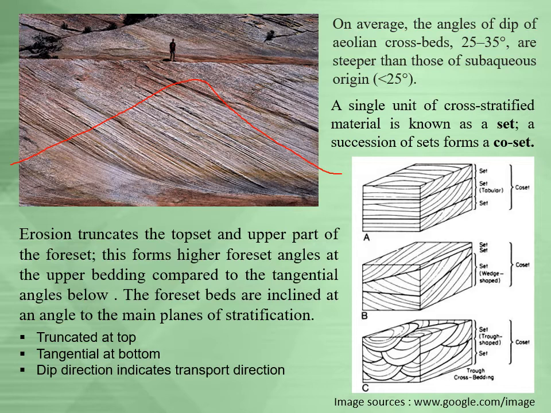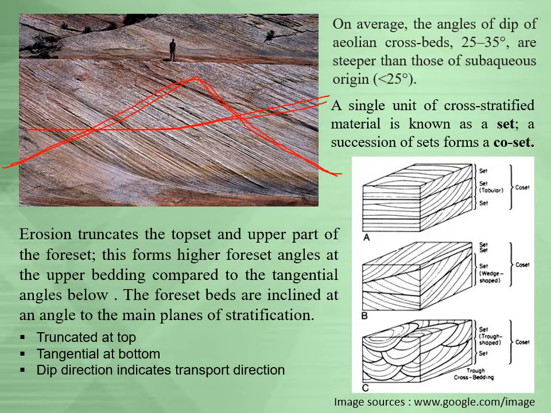If I draw a ripple mark like that, then during some higher energy condition, this stoss side is entirely cut or eroded. So what is preserved now?